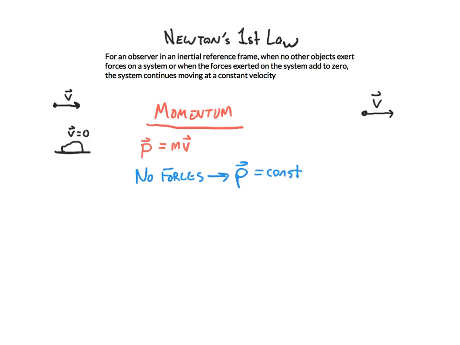But again, what we're going to see later is what it actually takes to change the momentum of an object. Newton defined that as a force, and really, we can say that's the definition of a force: a force is something that changes an object's momentum.